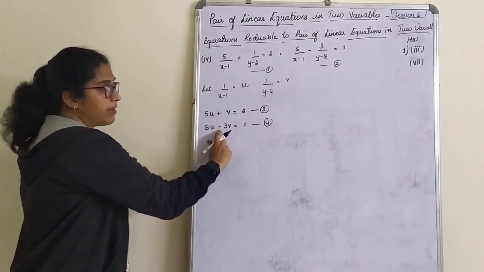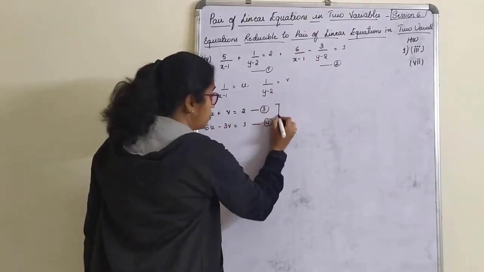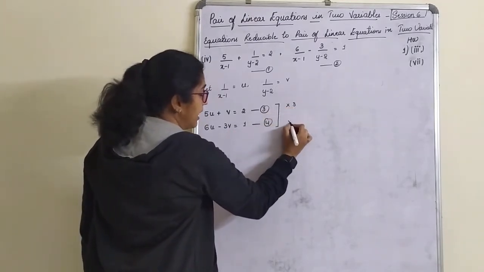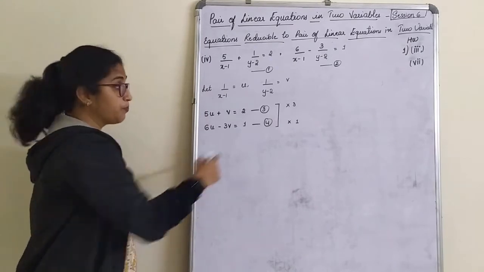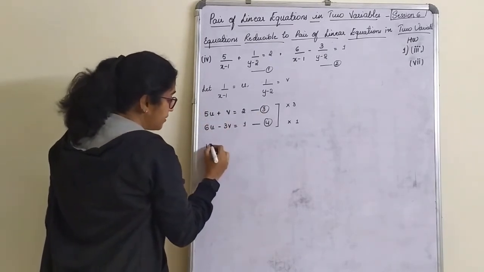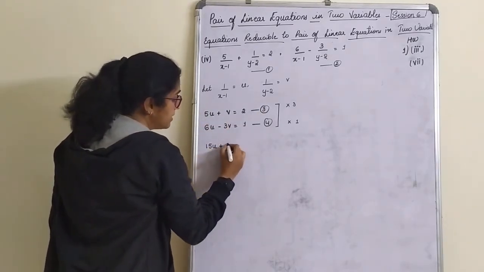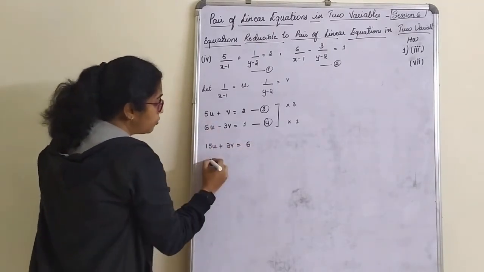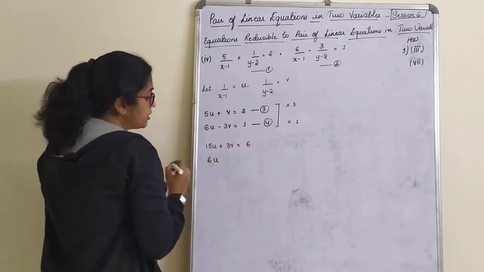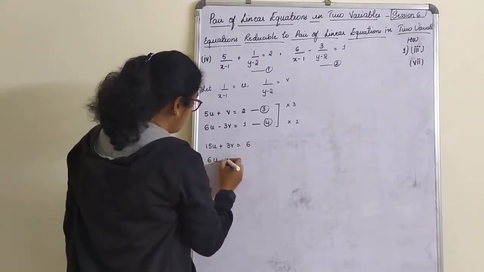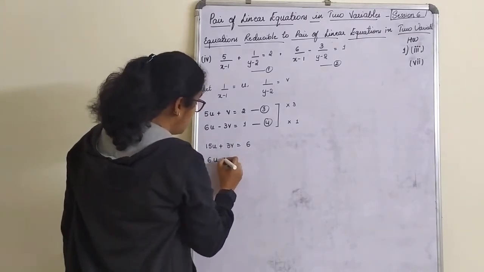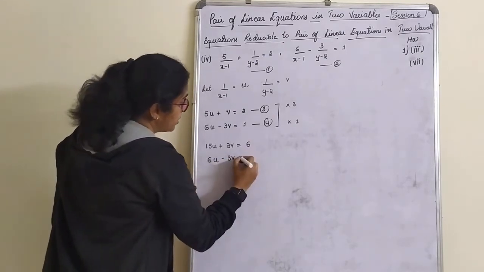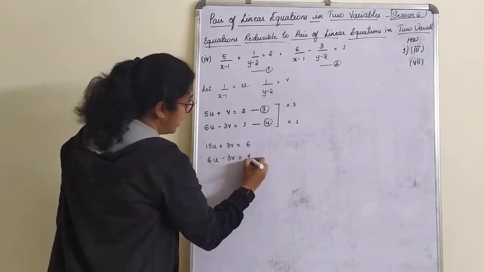We have a plus and a minus, easy for us. So let us cancel the v term by multiplying this by 3 and this by 1. 3 5s are 15u plus 3v is equal to 3 2s are 6, and 6u minus 3v is equal to 1 as it is.